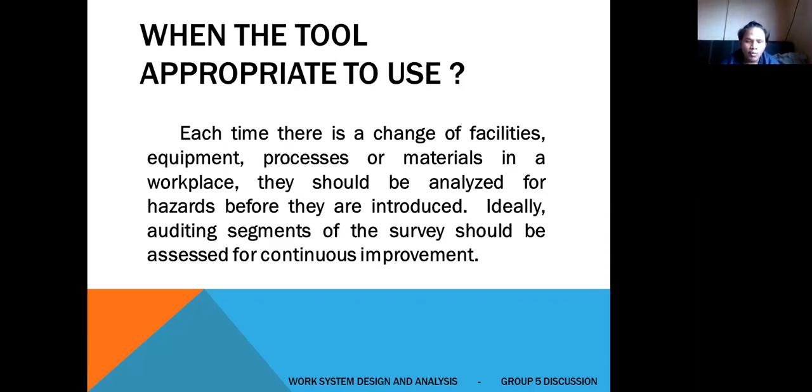So if we have some new equipment or process in our workplace, we must describe what hazards are possible when we use the equipment or do the process. A daily auditing segment of the survey should be assessed for continuous improvement. So we will make the equipment or process more effective.